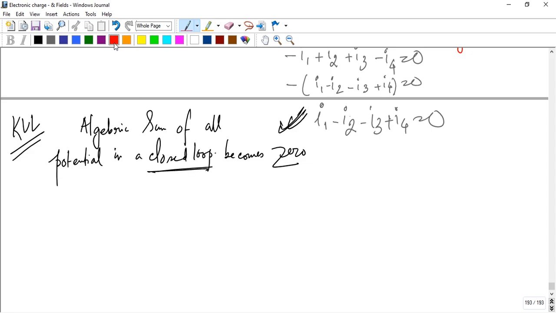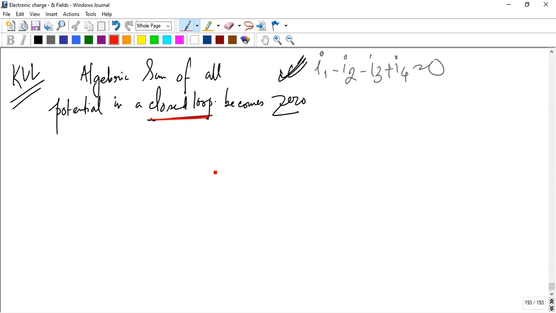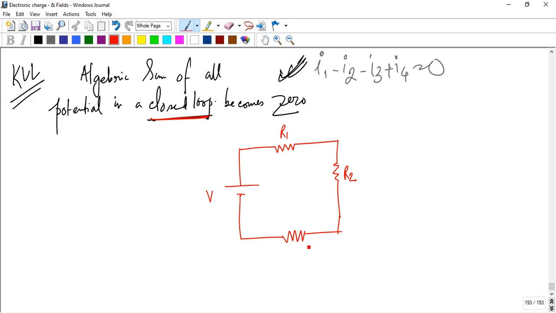Here there is a closed loop. What is a closed loop? Suppose a basic circuit. There is a voltage source, suppose V, and a resistance R1, another resistance R2, and R3.